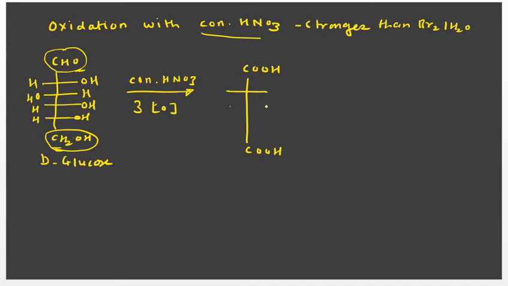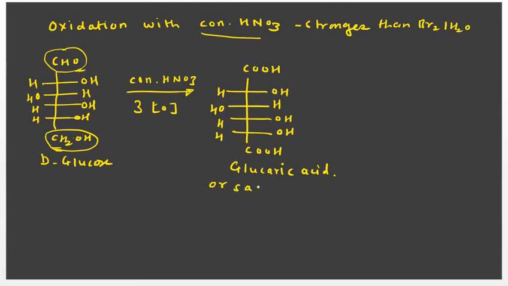The in-between groups are as they are, so they are not affected by this concentrated HNO3 because they are already oxidized groups. Okay, so OH, H and H. So D-glucose is converted into the product whose name is glucaric acid, remember, or it is also known as saccharic acid.